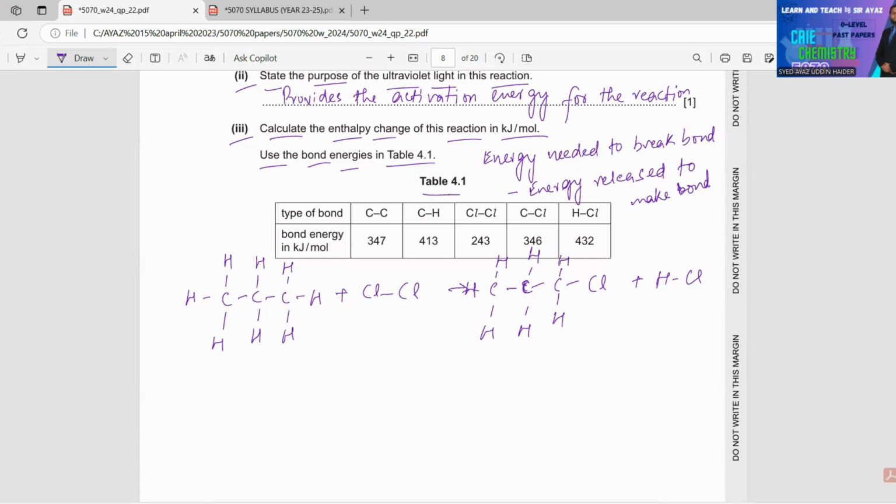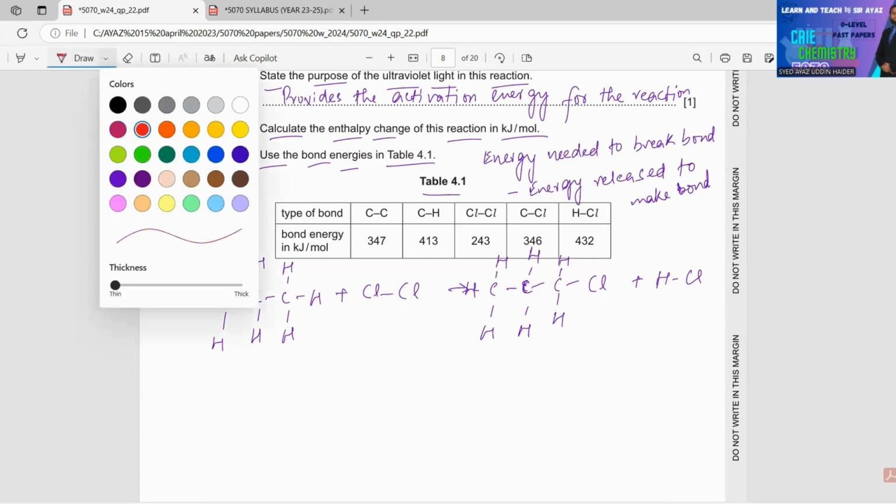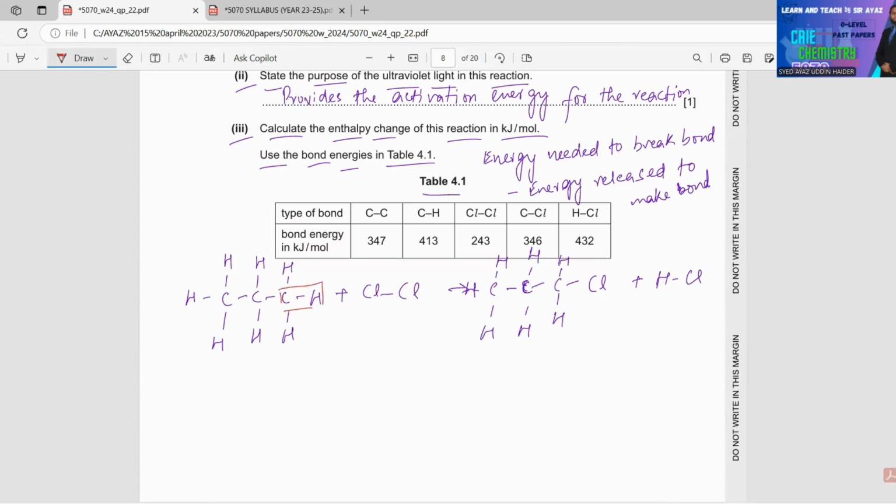So one of the CH bonds is broken, and there is breakdown of this Cl-Cl bond also. So CH bond we have 413. We have only one CH bond, so I will write 413.